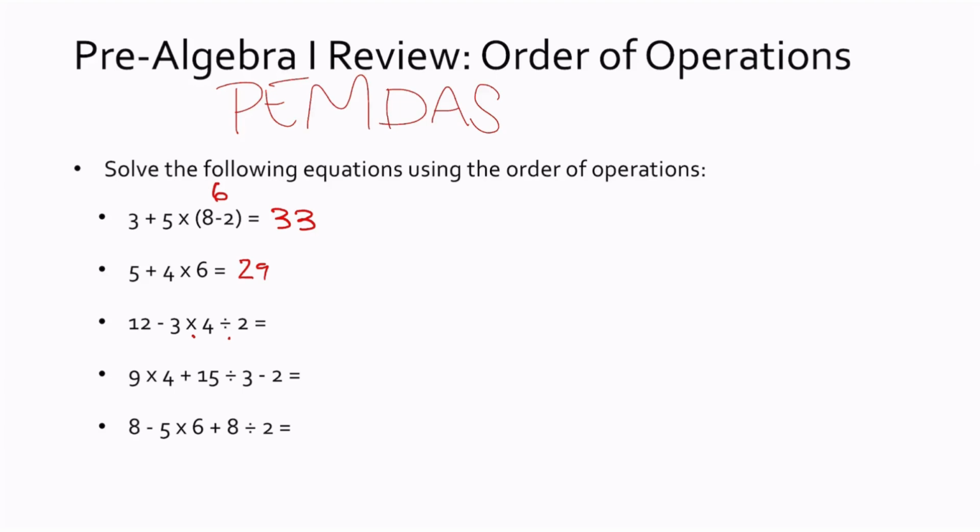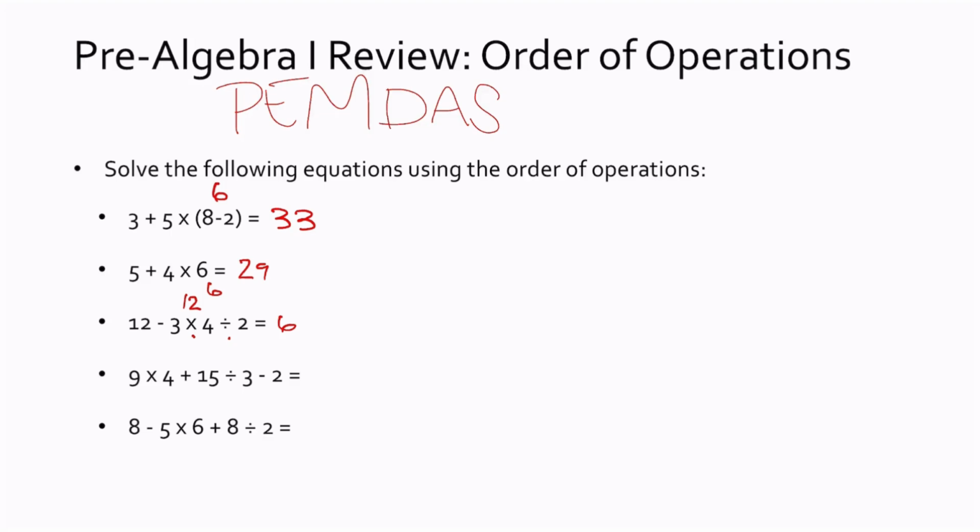If there's a multiplication first, we can do that one first. We'll end up with the same answer no matter what order we do our multiplication or division in, as long as they happen at the same step. So I'm just going to go left to right. 3 times 4 is 12, and then 12 divided by 2 is 6. So 12 minus 6 is 6.